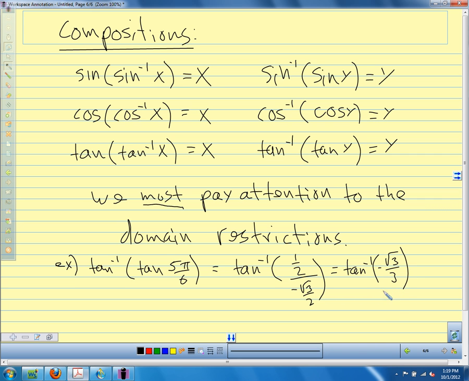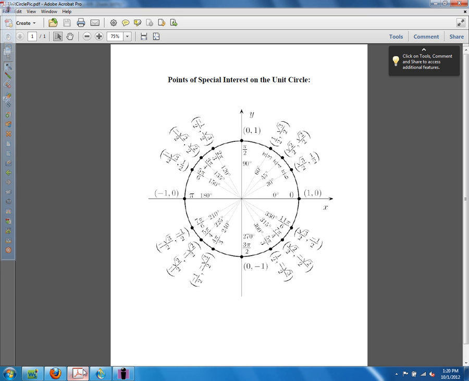So we're looking for the inverse tangent of negative square root of 3 over 3, but when we look for our inverse tangent, our angle has to be between negative pi over 2 and pi over 2. What angle is going to have a tangent of negative square root of 3 over 3 that's between pi over 2 and negative pi over 2?